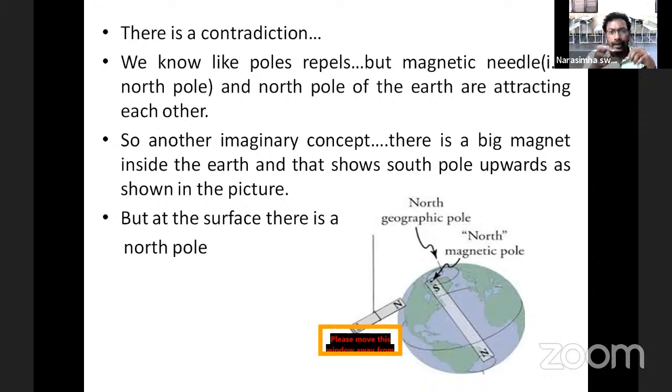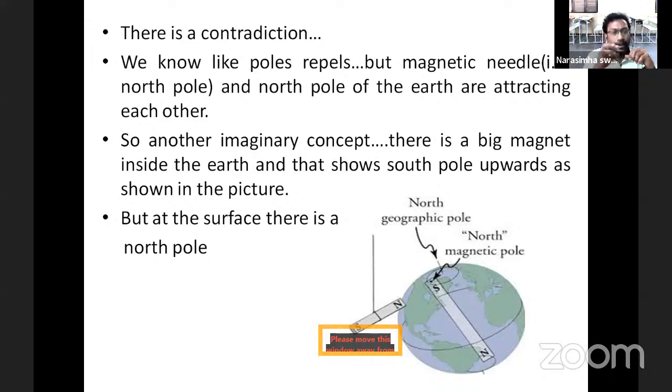We know that like poles repel and unlike poles attract. But the north pole of the magnetic needle and the north direction of the Earth are attracting each other. How is this possible? This is the contradiction.